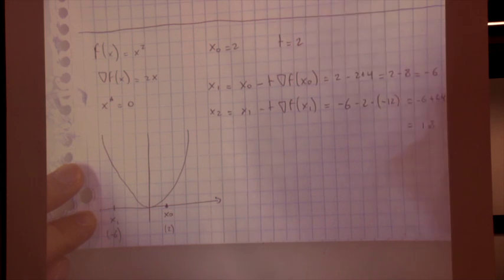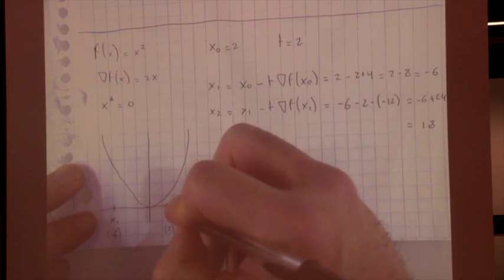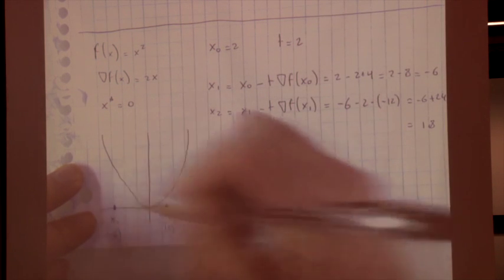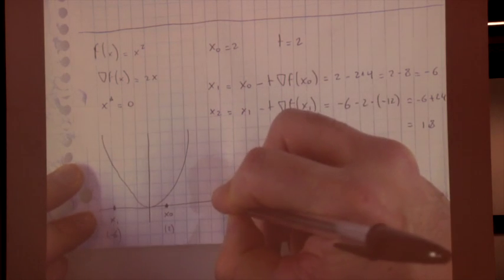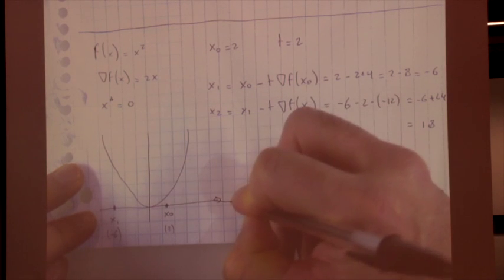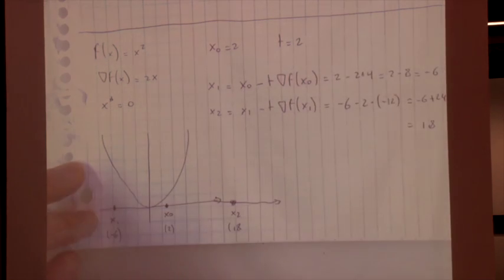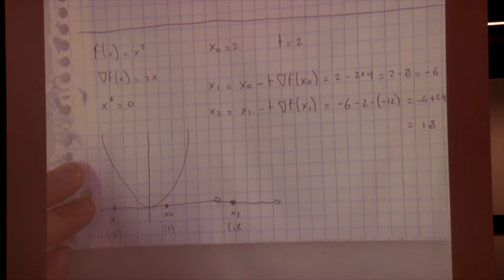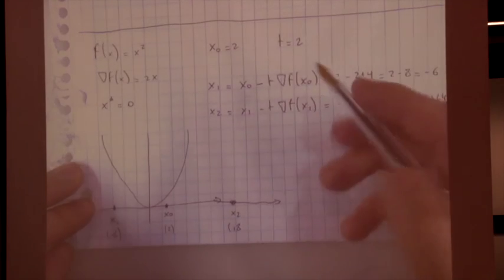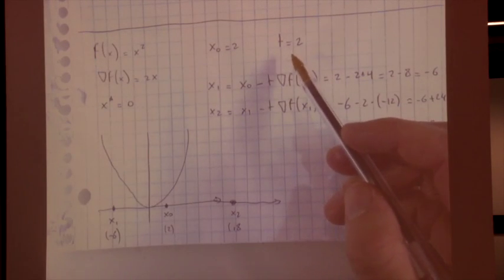I jumped from x0 to x1 on the negative side of the real line, and I'm jumping back again on the positive side, but even farther away. So it's clear that we're not converging to the global minimum here, and this is because we took a step size that is too large.